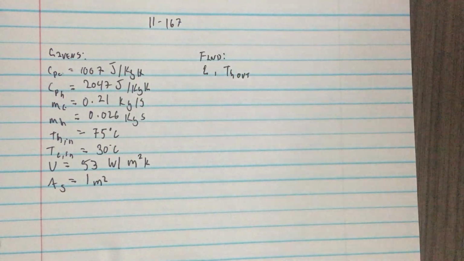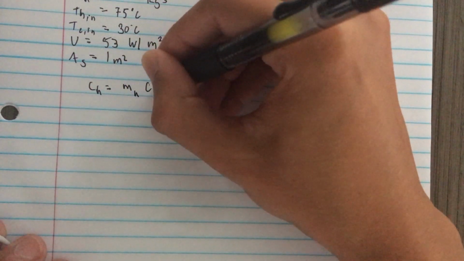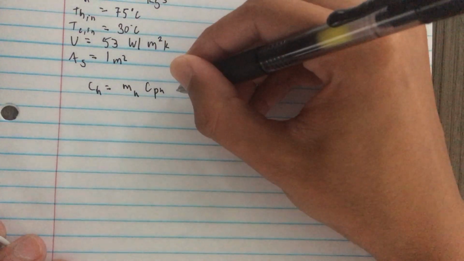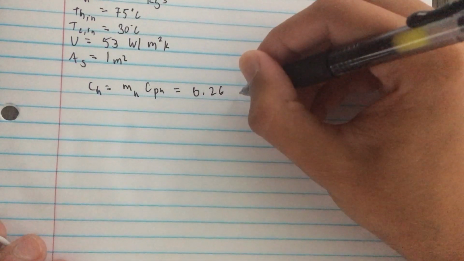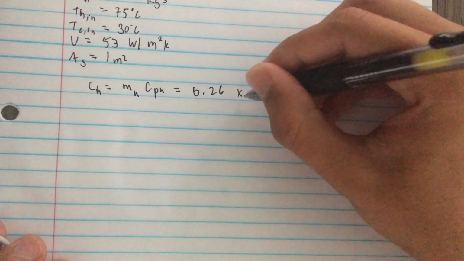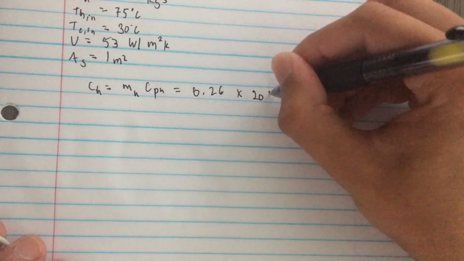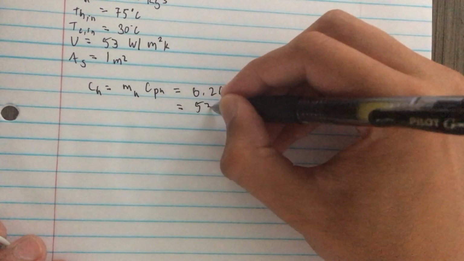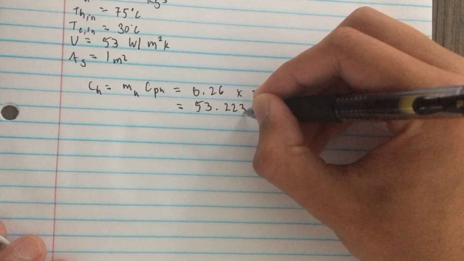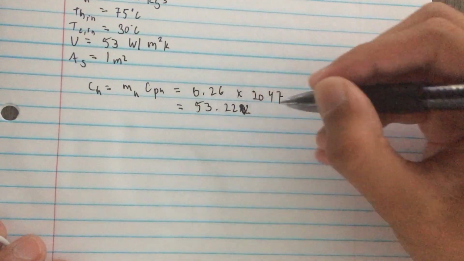Let's start off with finding CH. CH is the mass flow rate times CPH, and that is 0.026 times 2047, and that equals 53.22.